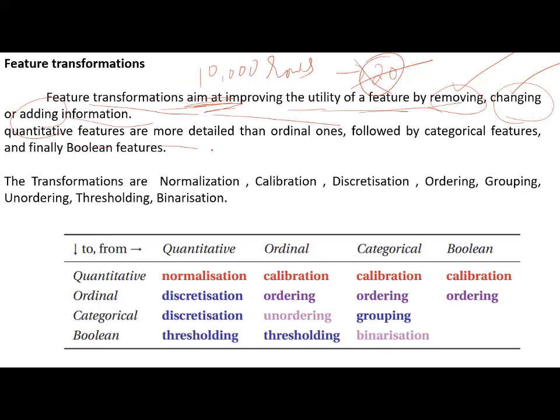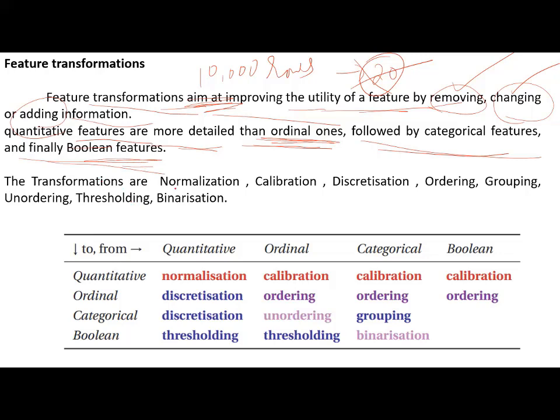Quantitative features are more detailed than ordinal features, followed by categorical features and finally Boolean features. Quantitative features are more detailed, so transformations can be applied, followed by ordinal ones, then categorical features, and finally Boolean features.